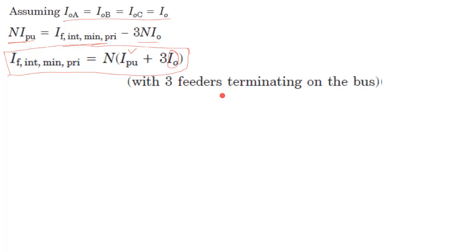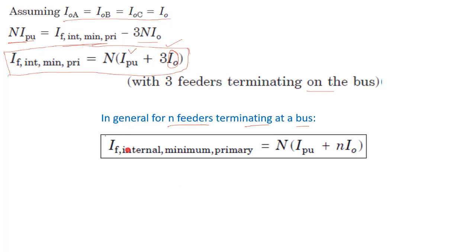So, this is for the 3 feeder network, where 3 feeders are terminating on a single bus. In general, for n feeders terminating at a bus, we can have the equation for the minimum internal fault current at the primary side, equal to N times I pickup plus small n times IO.